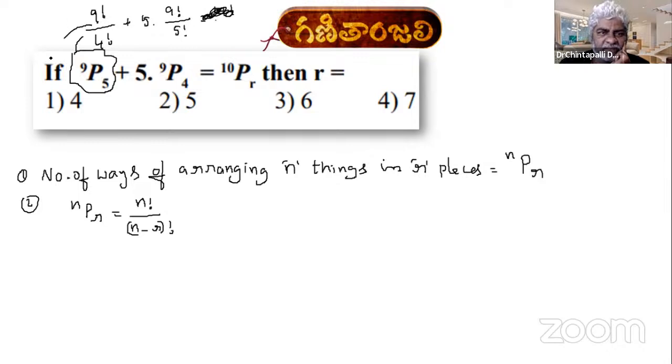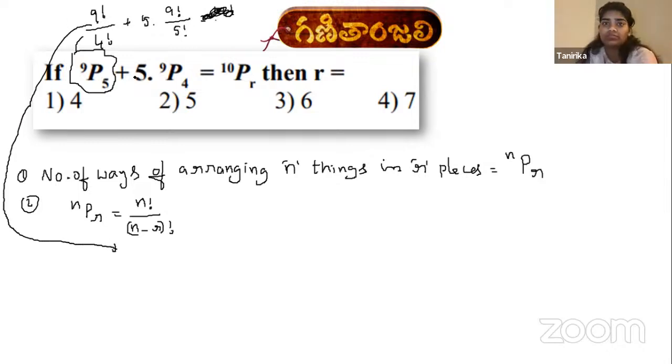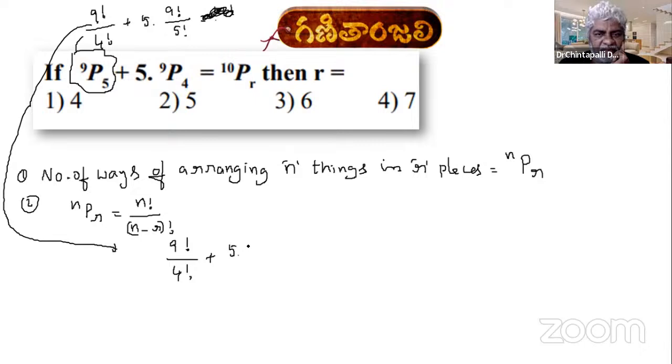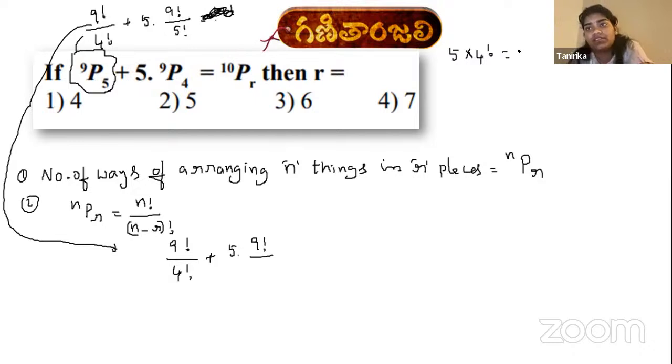Let us simplify this. 9 factorial by 4 factorial, plus 5 into 9 factorial by 5 factorial. You remember that 5 factorial can be written as 5 times 4 factorial.